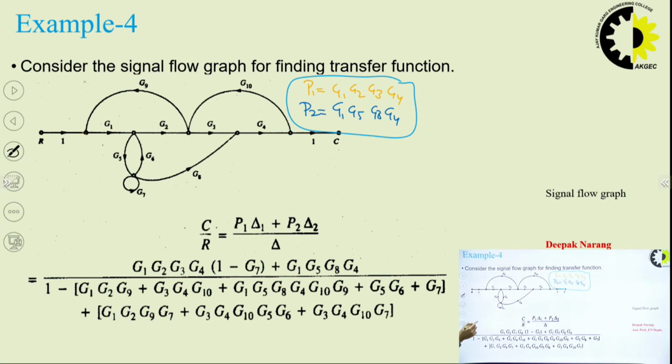The first loop is loop number 1, G1, G2, G9. The other loop is G3, G4, G10.